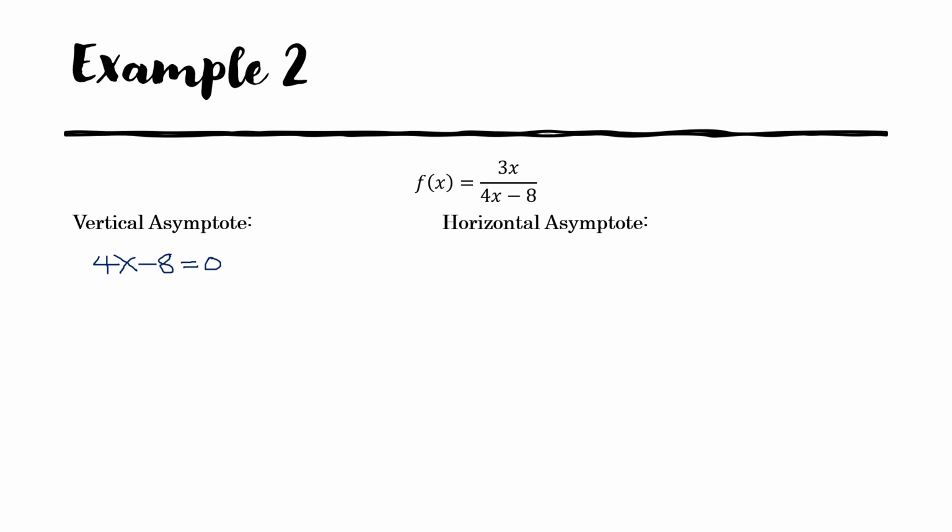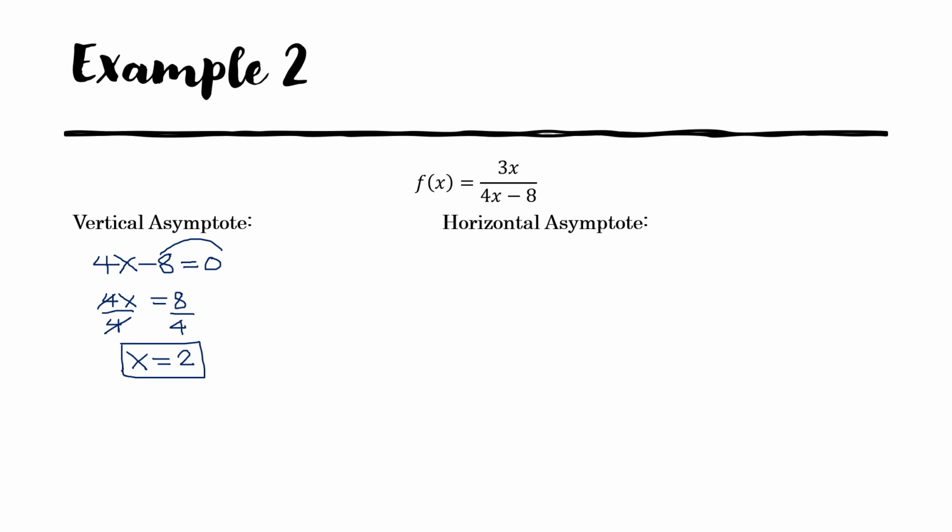Transpose the negative 8 to the other side, so it will be 4x equals 8. Divide both sides by 4. And then x will be equal to 2.